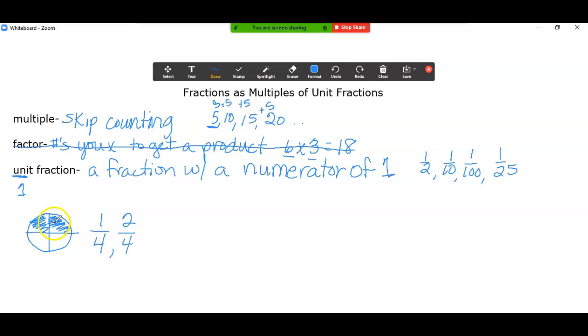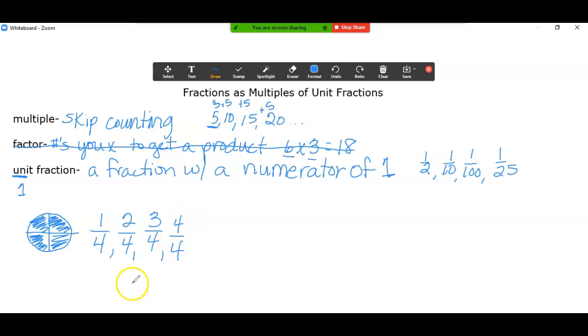You are absolutely correct, but we're not going to worry about simplifying today. We will simplify later this week. If I add one more 1/4, I get 3/4. If I add another one, I get 4/4.